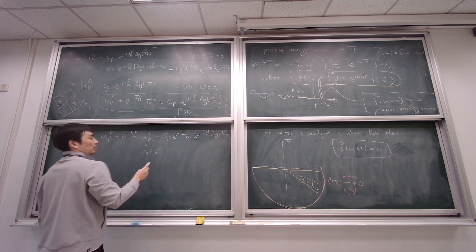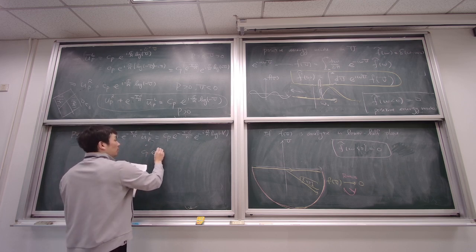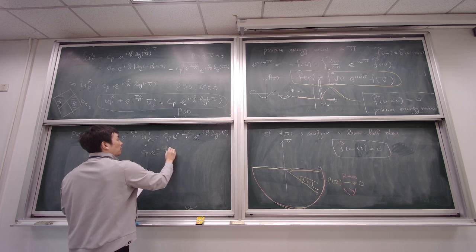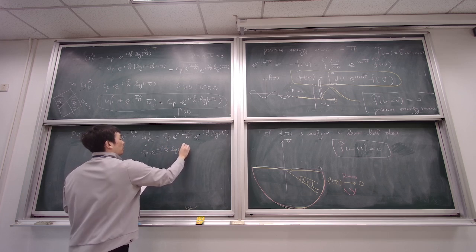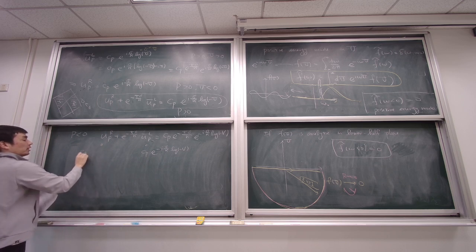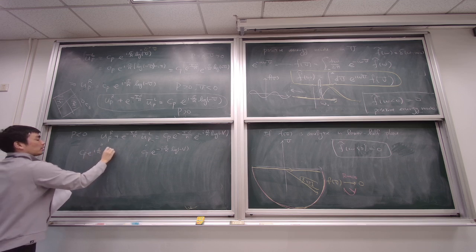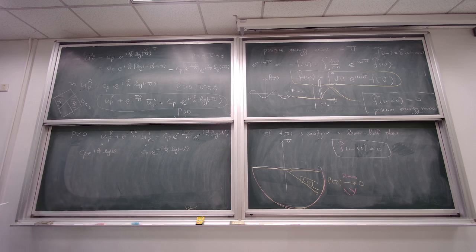So recall this one is equal to C_P e to the minus i sigma over kappa log minus P. But this guy is C_P e to the i sigma over kappa log B, and then most likely you have to multiply by a minus sign. Okay.